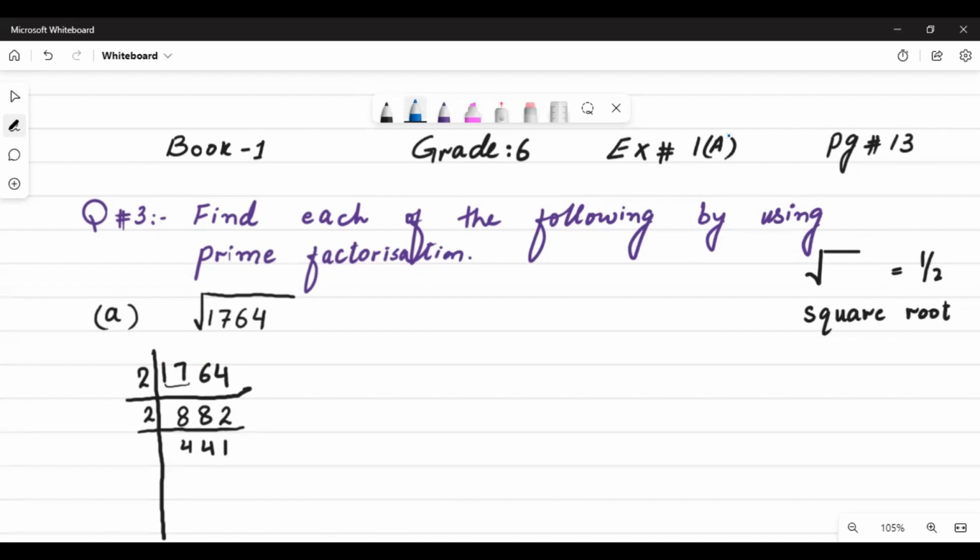So here we can divide it by 3. Let's start with number 3. 3 1s are 3, and this is 14. 3 4s are 12, and it becomes 21. 3 7s are 21.